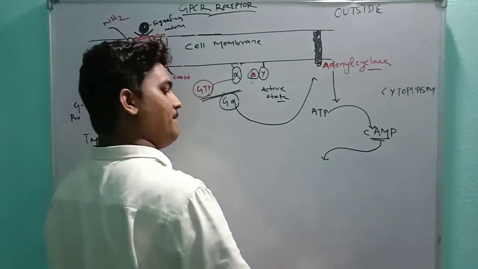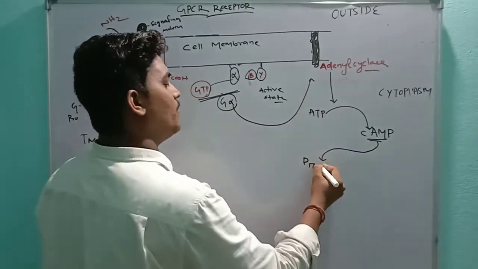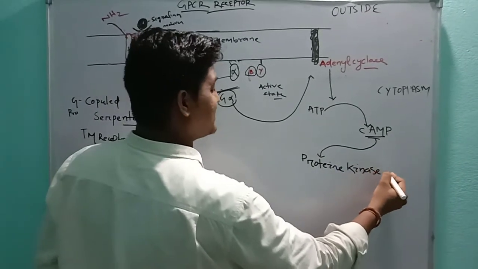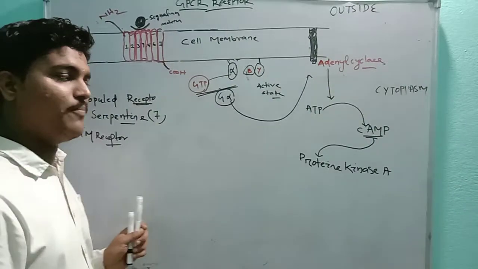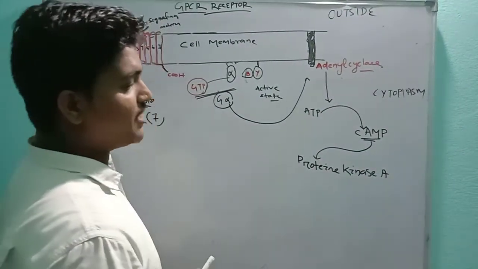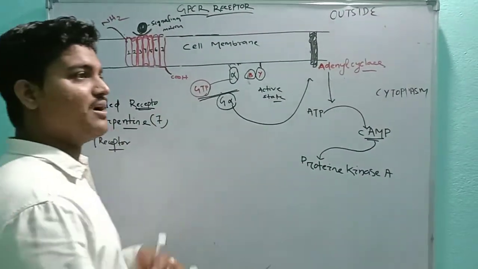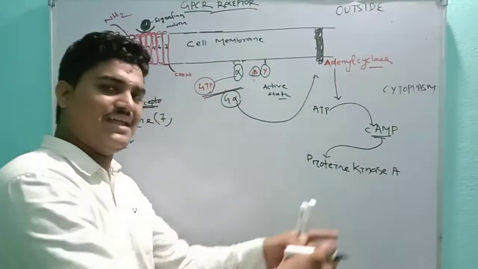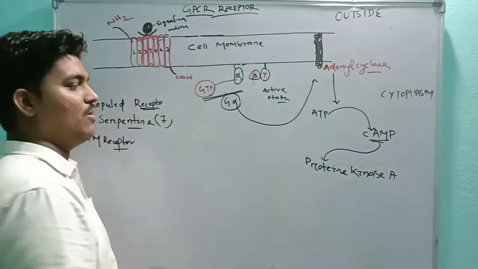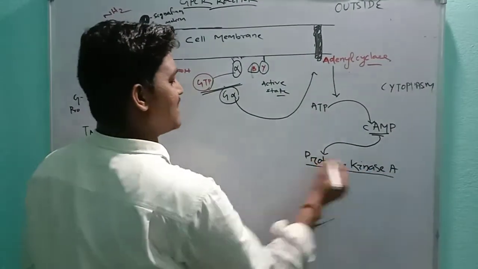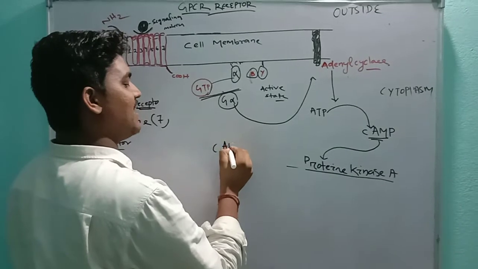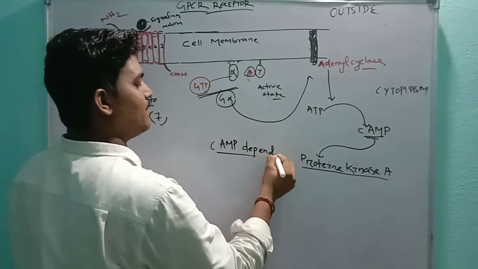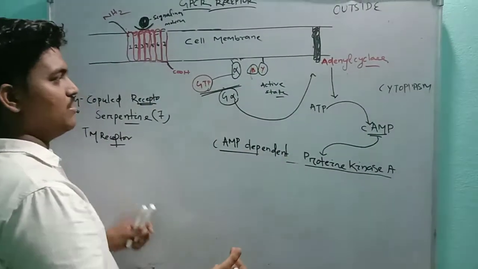Cyclic AMP will stimulate protein kinase A. Normally a kinase is a protein which carries out phosphate-related reactions. It causes phosphorylation, stimulating different proteins and enzymes by adding phosphate to them. Protein kinase A is a cyclic AMP dependent protein kinase because it is stimulated by cyclic AMP.